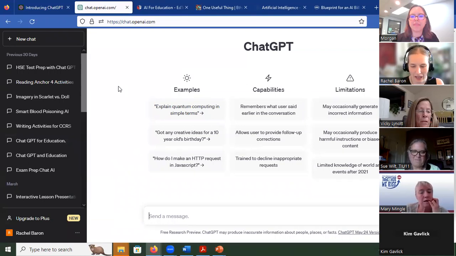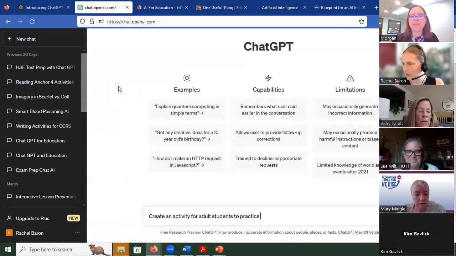So I'm going to ask it, somebody stick your favorite CCRS standard in the chat here, and we'll ask it to create an activity for adult students to practice. What's a good standard?